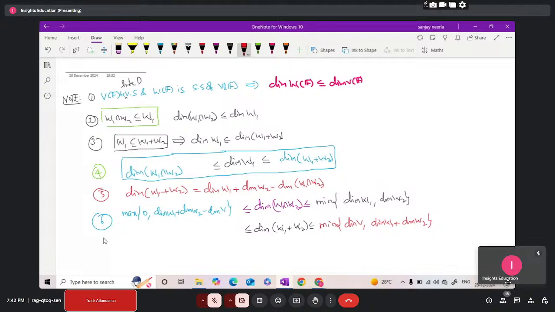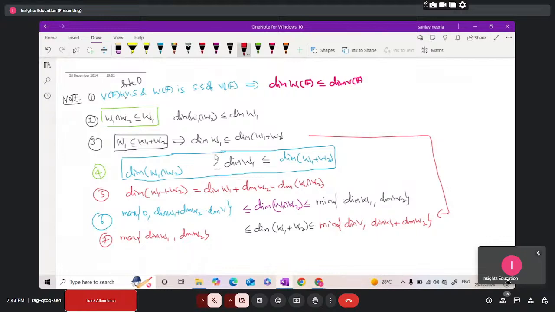What about the left boundary? Maximum of the dimension of W1 and the dimension of W2. How can you say that? According to the third property. Because observe, the dimension of W1 is less than or equal to the dimension of W1 plus W2, and the dimension of W2 must be less than or equal to the dimension of W1 plus W2. So from that we can write it. So we have to take the highest value, the maximum value. Okay.